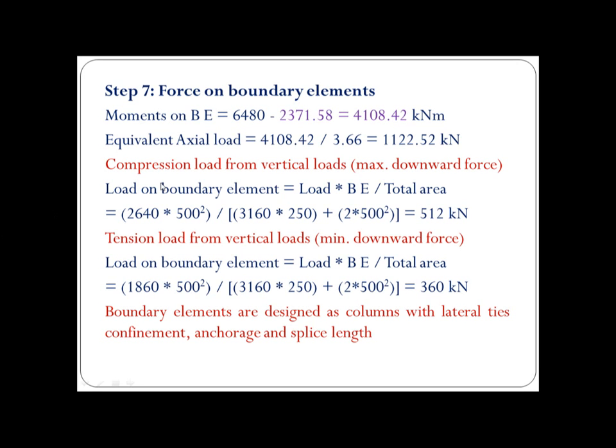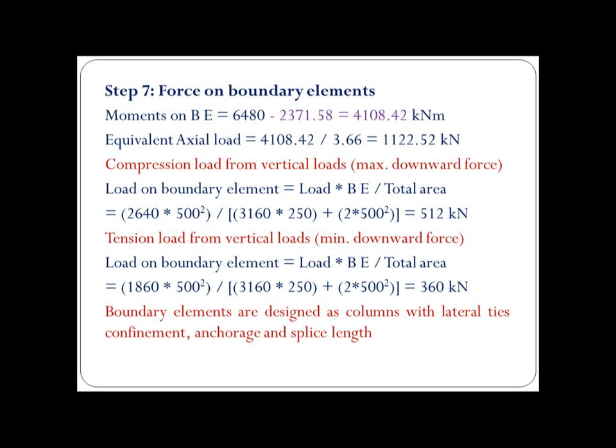The total vertical load is 2640 kilonewtons, so 2640 into area of boundary element upon the total area of the wall works out to be 512 kilonewtons. And for tension or the uplift, we need to take the minimum uplift load. That comes out from case 1, 1860 in that same way, so it comes out to 360.